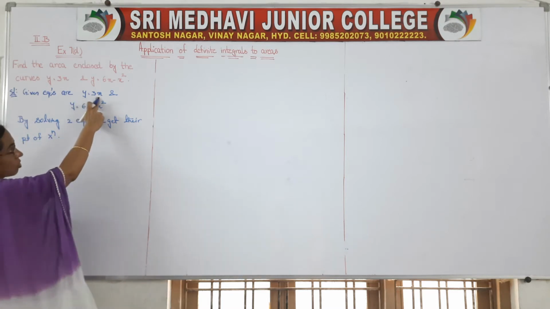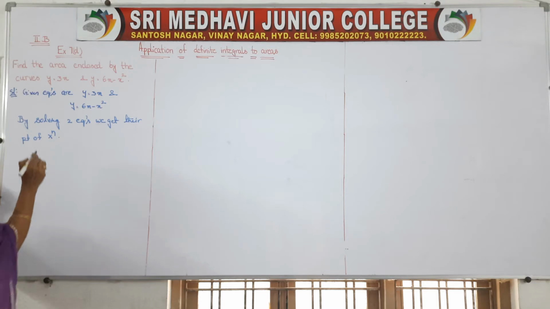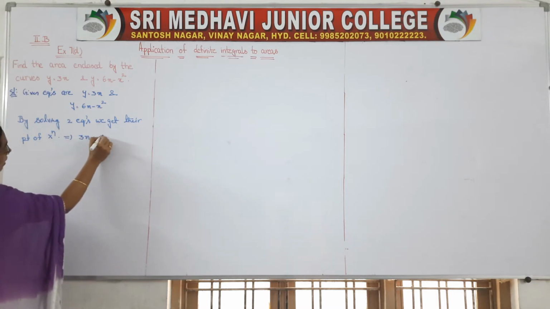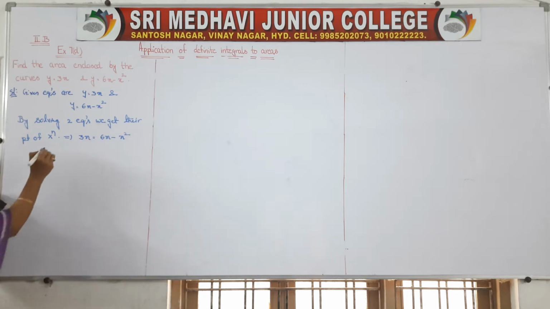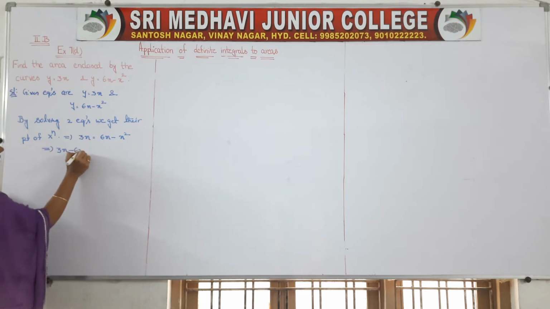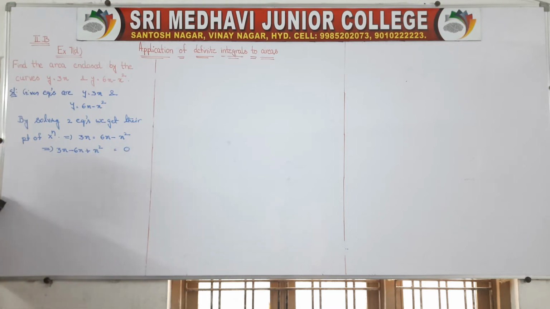This is y is equal to 3x, this is y is equal to 6x minus x square. Both are y, so we can equate, right? So we can write 3x is equal to 6x minus x square. Bring that value to this side: 3x minus 6x plus x square is equal to 0.